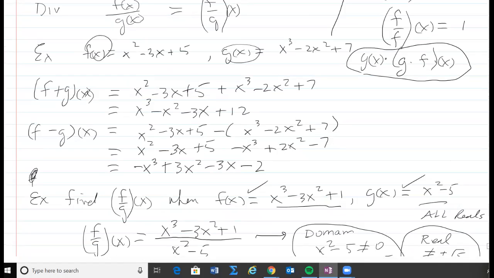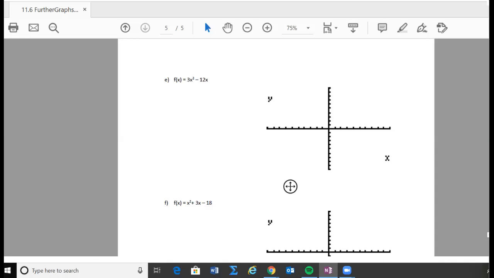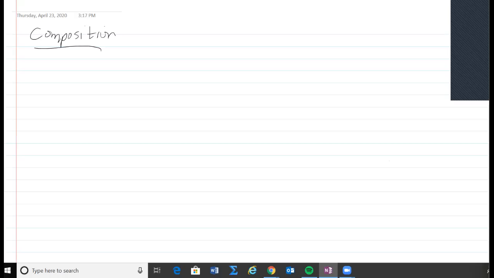Okay, now let's go back and look at our next topic, and that is a different kind of thing called a composition. Composition of functions. So maybe a new idea for some of you.